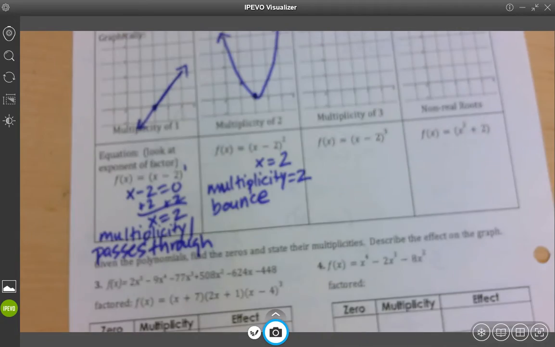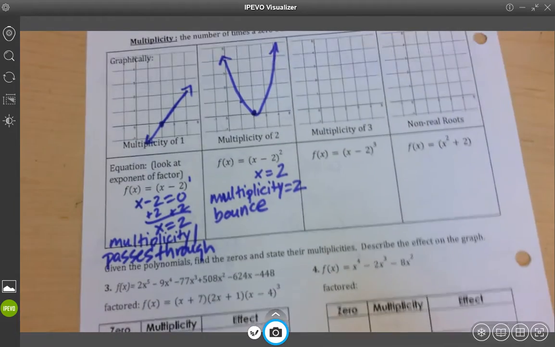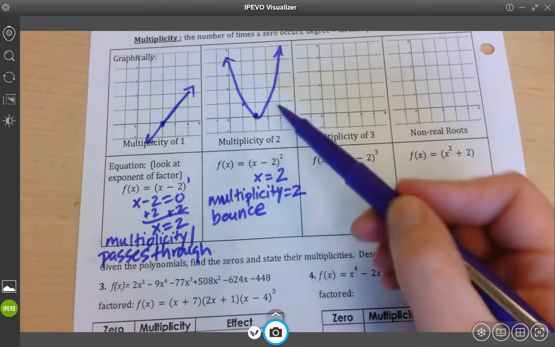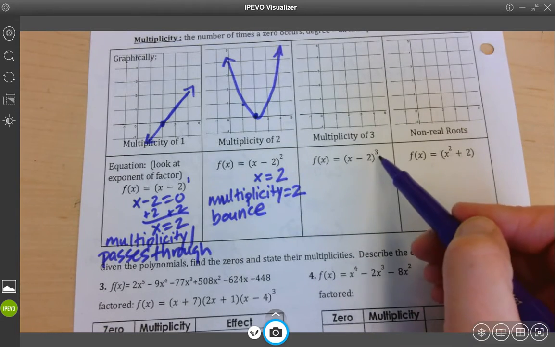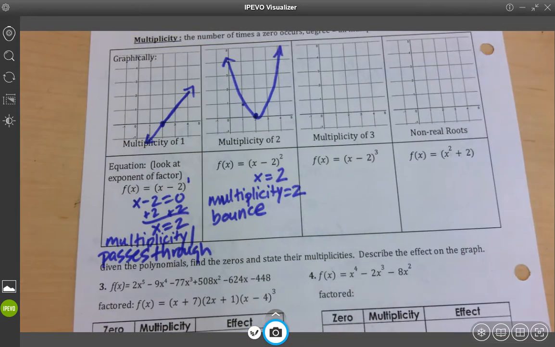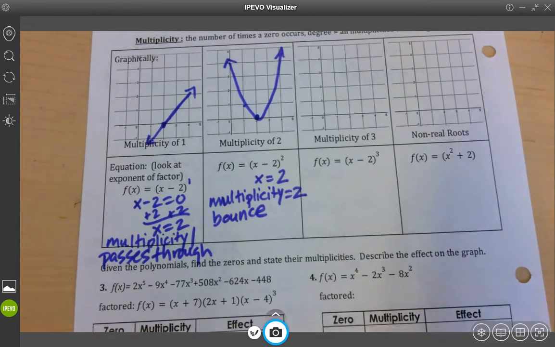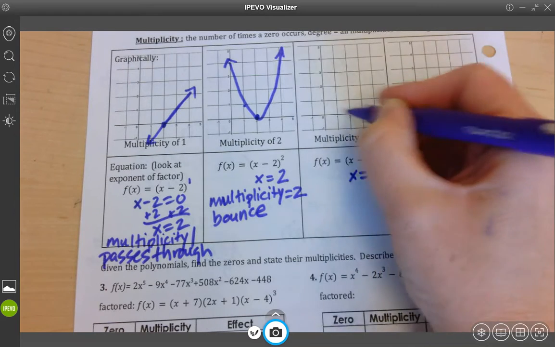Oops, you guys can't see. All right. So that kind of looks like a parabola, right? Which is a quadratic equation. The cubic equation we learned last time has different forms, but one of them is kind of like a quadratic where the left side goes down, and that's the same thing that can happen here. So we still have x equals 2.